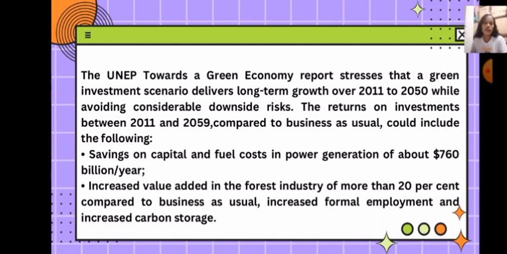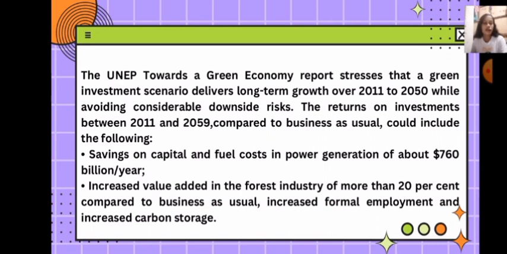So the second is increased value added in the forest industry of more than 20% compared to business as usual, increased formal employment and increased carbon storage. So the value of the forest industry is currently only about 5%.